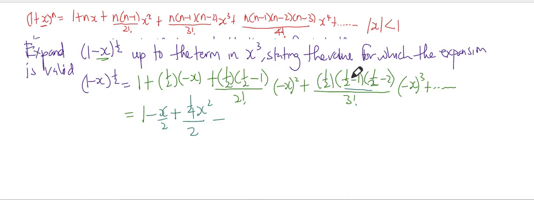1 over 8 times by negative 3 over 2. Or rather, I'll write it 1 by 1. So it's 1 over 4 times negative 3 over 2. So it should be half times negative half, and that's negative 3 over 2. Oh, that should be negative, right?